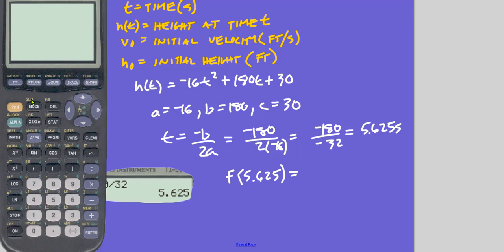So I am going to go right here, go to my y variables, and I evaluate. So y sub 1 is the same as f here, 5.625, and I get 536.25 feet is the maximum height.